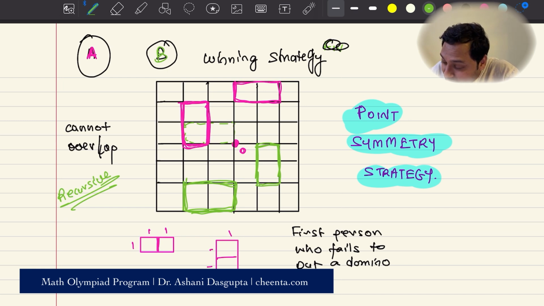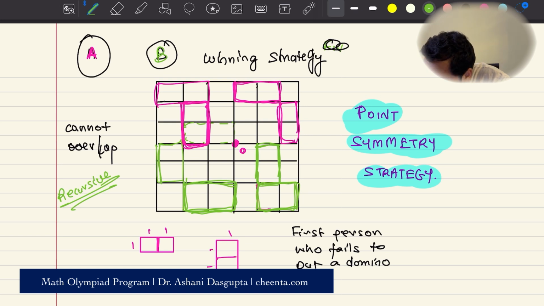Now let's keep on playing the game. You have to convince yourself that this will work. So let's say the player puts a domino here. Then the player B would put the domino here. And the player A comes along and puts a domino here. Player B would put the domino here. Oops, sorry. So he's just reflecting whatever he's putting.